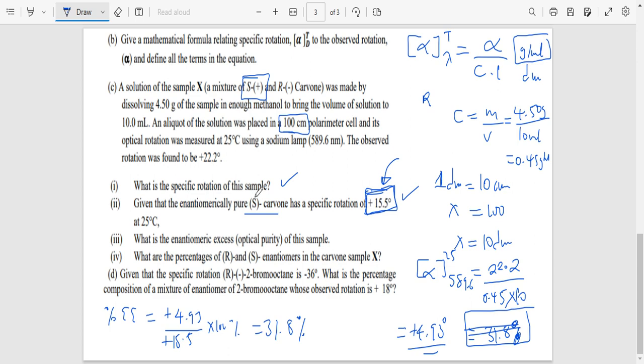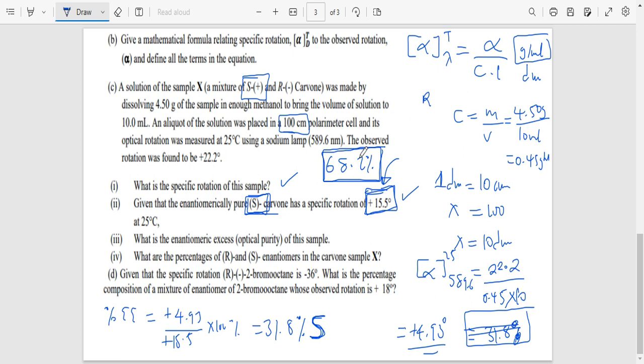So what this means, because this is coming from the S enantiomer or the S form, this one is a pure one. So this is the pure S, which doesn't have any combination with the R. If I remove this from 100%, then that is going to be 100 subtract 31.8. That is going to give me 68.2. So this 68.2 is now the racemic mixture having both the R form and the S form.